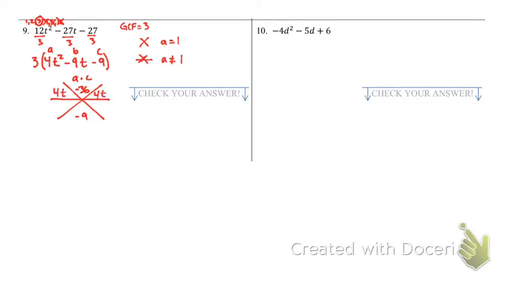And now to fill in these blanks, we ask ourselves, what multiplies to negative 36? That can also add up to negative 9. Okay? So think about that real quick. So if you're good with this, you should have negative 12 and positive 3.